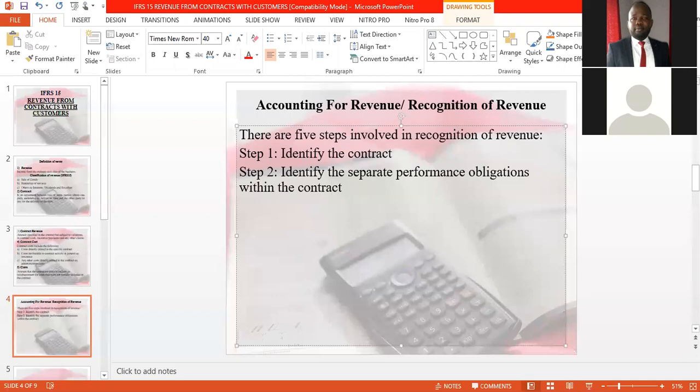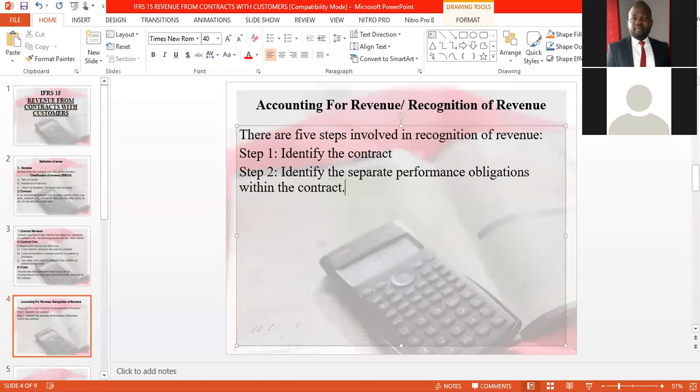Now you must read the contract carefully to identify what the contract says I'll be doing as the contractor. What will be my main job? Will I just be constructing the road, or will I also be maintaining, so that you separate the two revenues. There will be a revenue on construction and there will be a revenue on maintenance, which will not be recognized immediately. It will be recognized over the period of the contract.